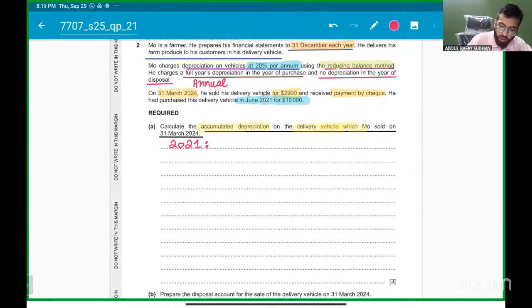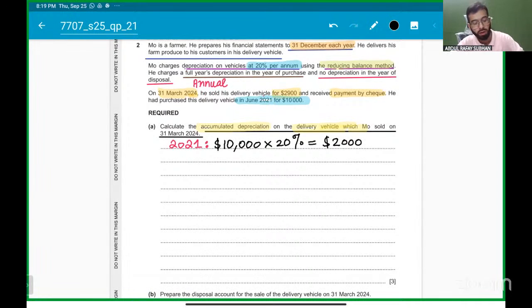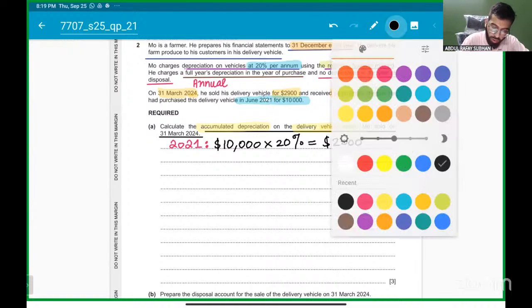In 2021, when we bought the non-current asset of delivery vehicle for the first time, in the first year it's always on the cost. The first year of depreciation would be 10,000 into 20%, 2,000.